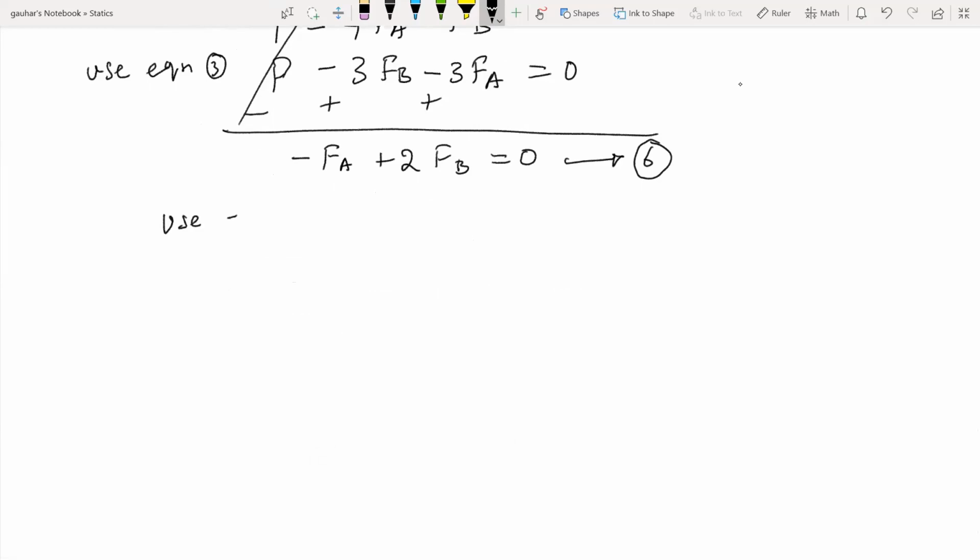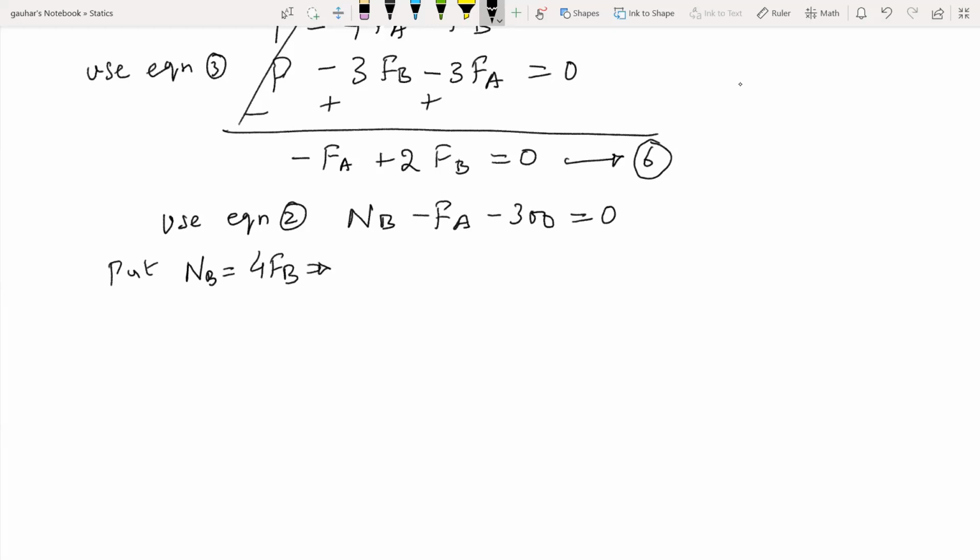Now use equation 2, which is N sub B minus F sub A minus 300 equals 0, right? Now here, put N sub B equals 4F sub B. So you get 4F sub B minus F sub A equals 300. Let's call it equation 7. Right?